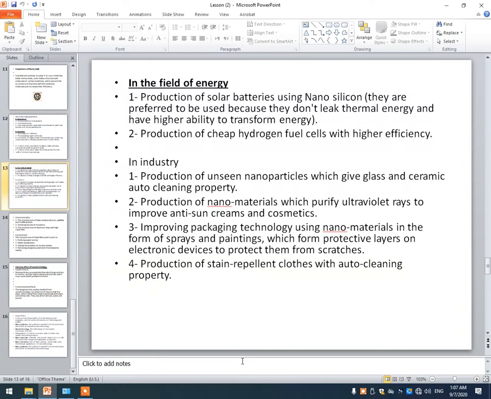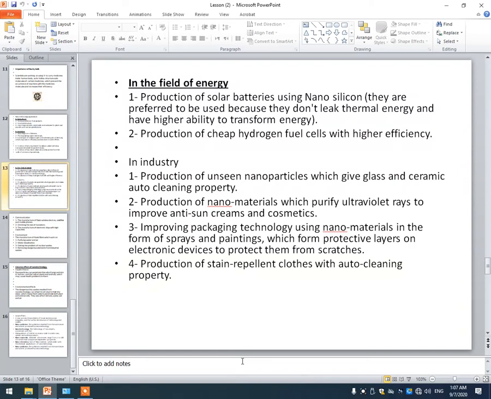We can also use nanotechnology in industry. For example, for production of unseen nanoparticles, which give glass and ceramics auto-cleaning property. Also, we can use nanotechnology in production of nanomaterial which filters the ultraviolet rays to improve anti-sun creams and cosmetics.